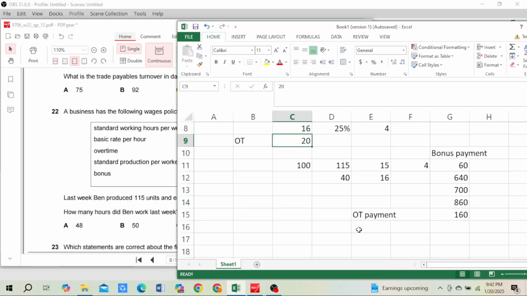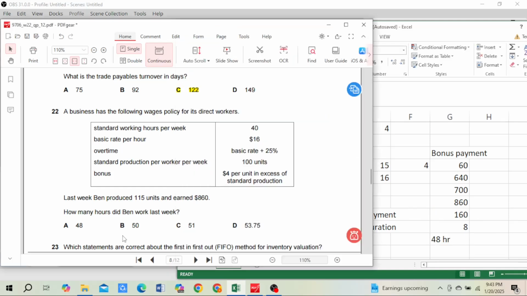So the overtime duration is 160 divided by 20. So he worked 8 hours extra. He was already working 40 hours, which is the required time, and then 8 hours extra to earn this 160 extra. So the total time that he worked is 48 hours. So the correct answer is A, 48 hours.